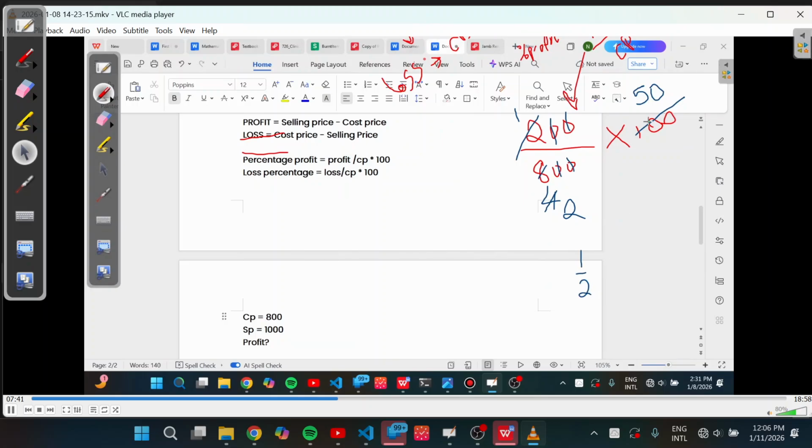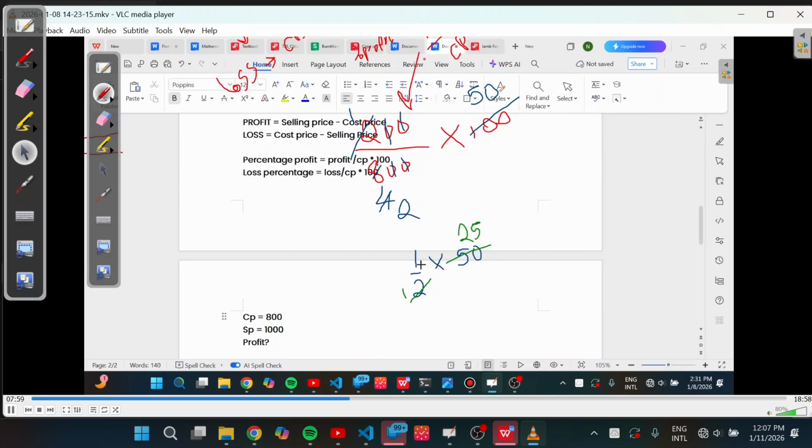And just write that out. Half times 50. So 2 in 2 will give you 1, and 2 in 50 will give you 25. So then we have 1 times 25 all over 1. So we're going to have 25%. So that is our percentage profit.